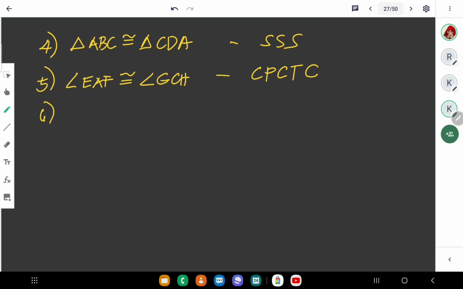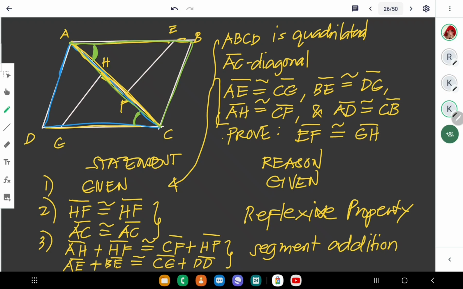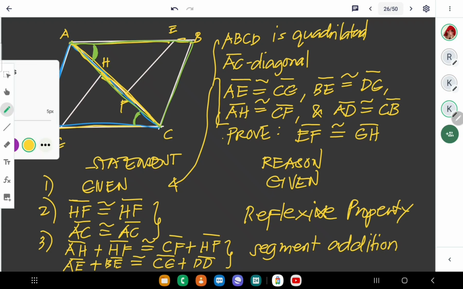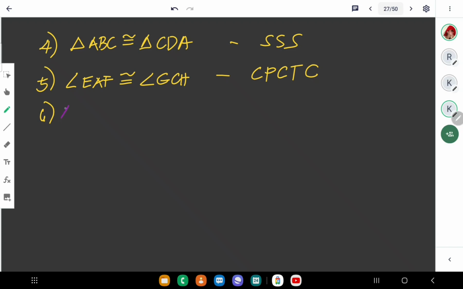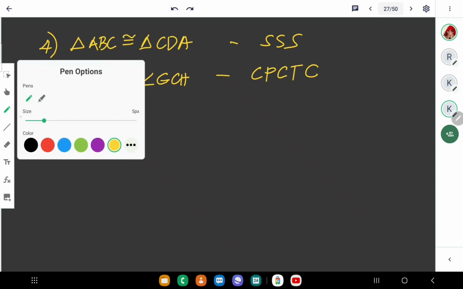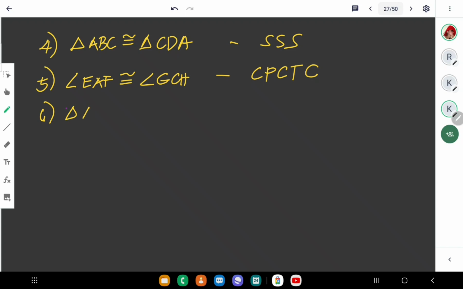Therefore, triangle, this triangle here, AEF, so we have small triangles inside the big triangles. Triangle AEF is congruent to triangle CGH. So we can write triangle AEF is congruent to triangle CGH.